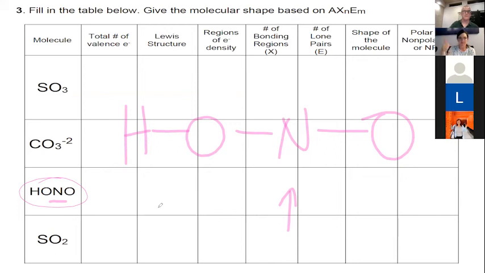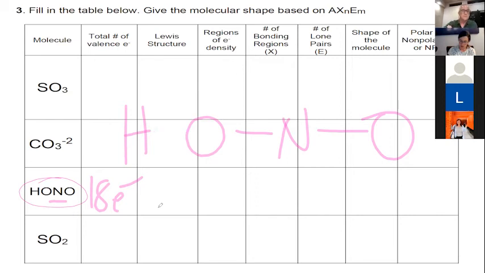So how many total valence electrons are we going to have here? Remember, you have to add up everybody. 18. Right. So there is 1, 6, 5, 6 for a total of 18. And we have used up how many in bonds? Six. We've used up 6, right?